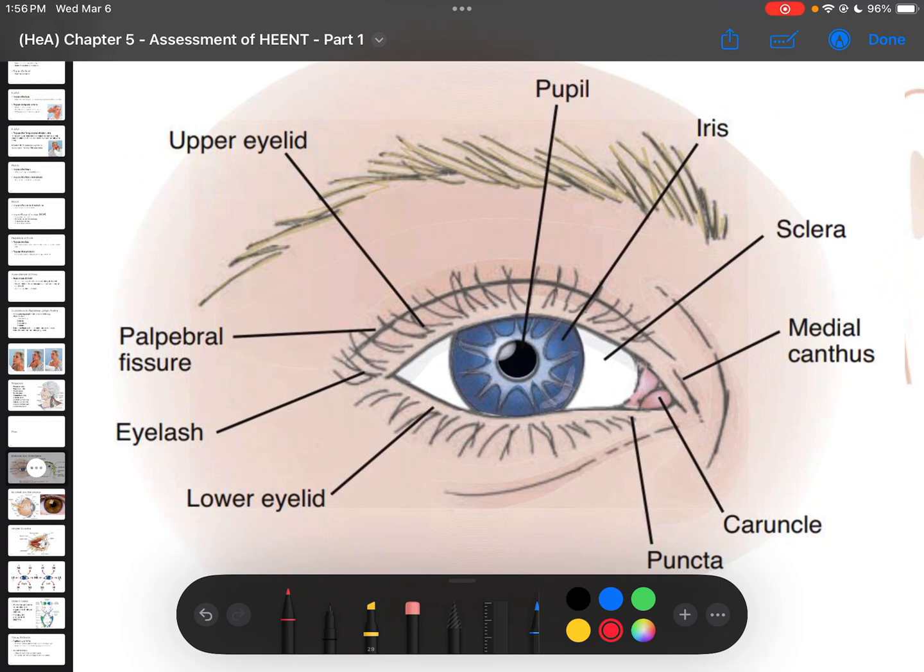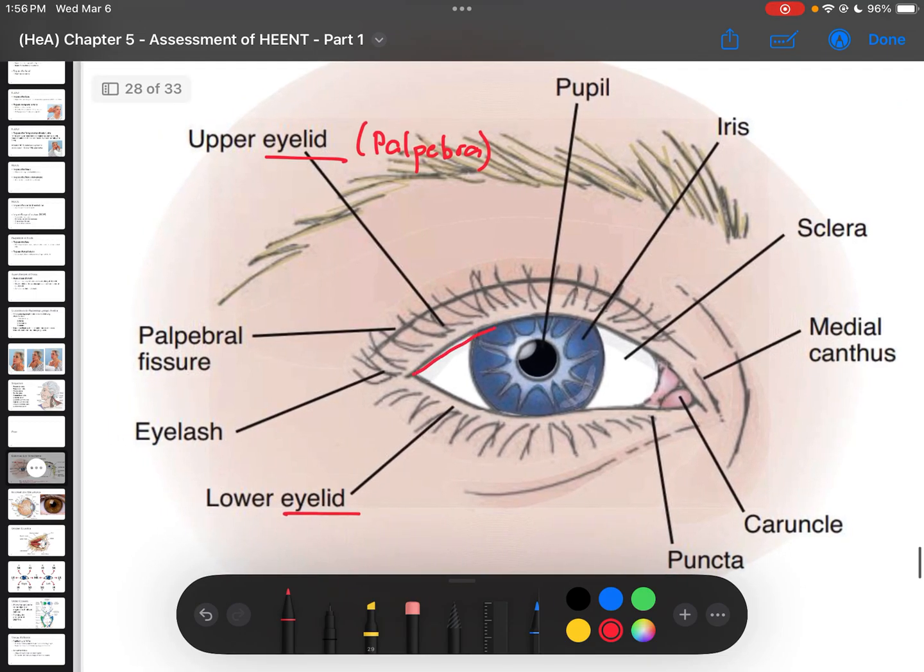Okay, next is our eyelids, upper and lower. Eyelids are also known as your palpebra. Now the eyelids, class, along with your eyelashes, their purpose is very simple.